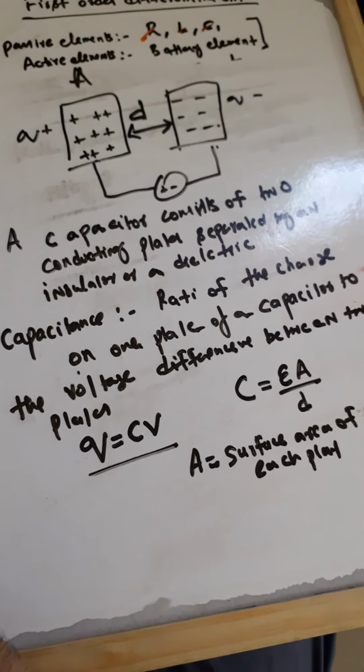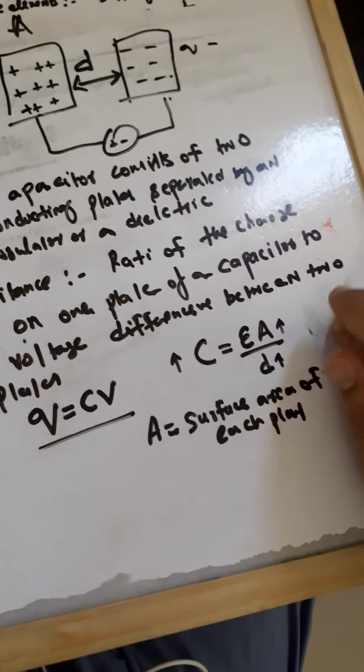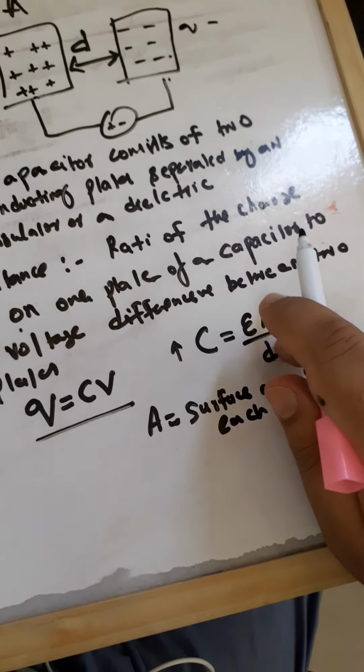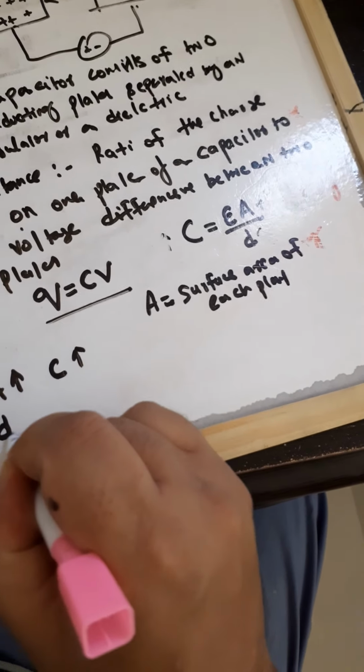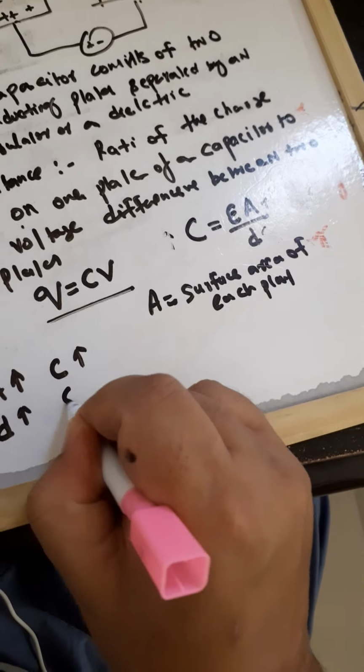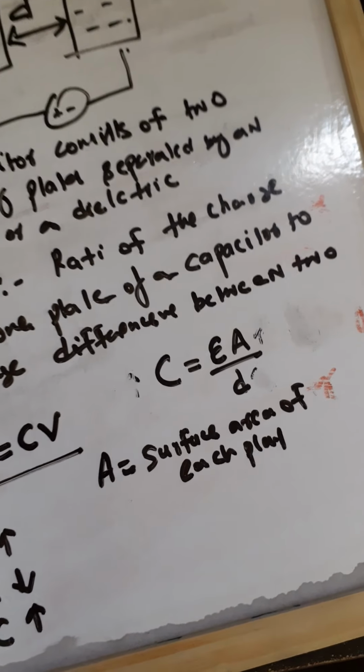If D is increased, capacitance will decrease. And the higher the permittivity, if epsilon is increased, capacitance again increases. These are the conclusions drawn from this equation. So this was about capacitance.